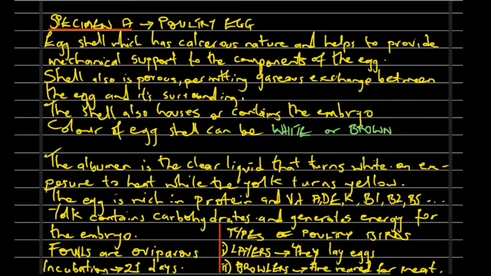So without wasting much of our time, we move straight to the next specimen, which is specimen B. Fresh milk.